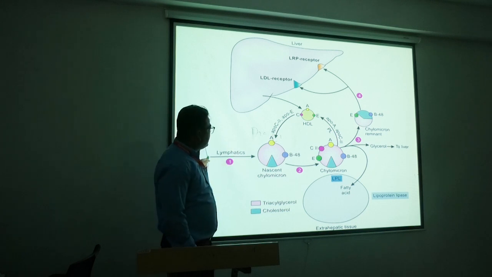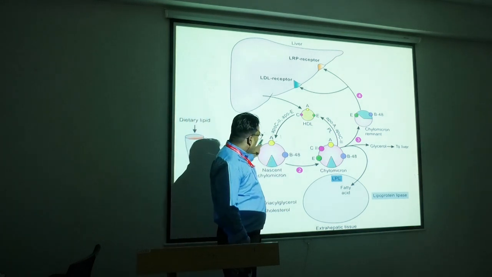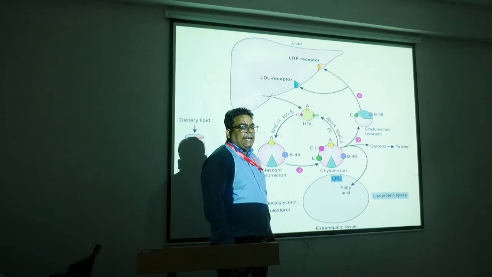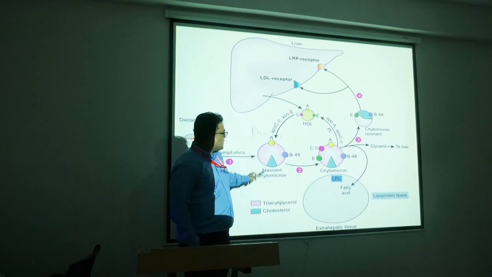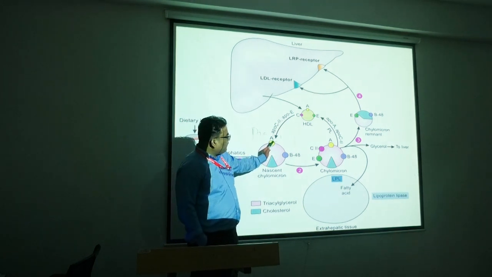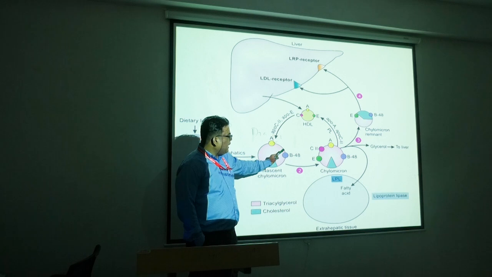By the lymphatic vessels, it goes to the chylomicron. We call this chylomicron nascent. Why? It is new. And you will see in this structure, different apoproteins are attached: ApoA, ApoB48.